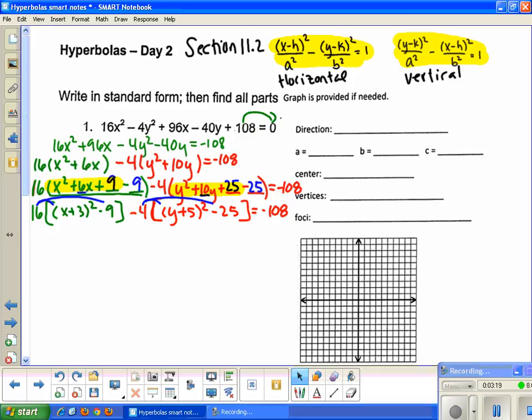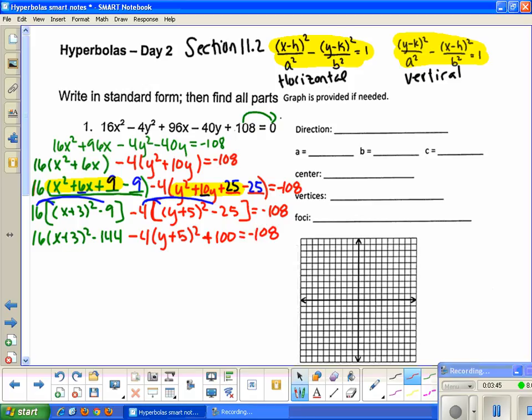So when I do that, I get 16 times x plus 3 squared, and then 16 times negative 9 is negative 144. And then for the next one, I have minus 4y plus 5 quantity squared, and then negative 4 times negative 25 becomes a plus 100.